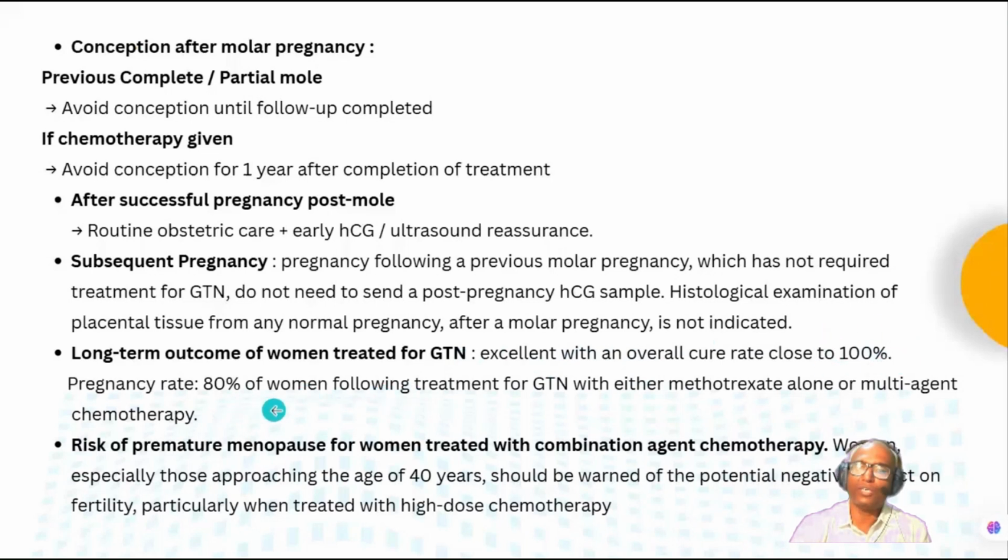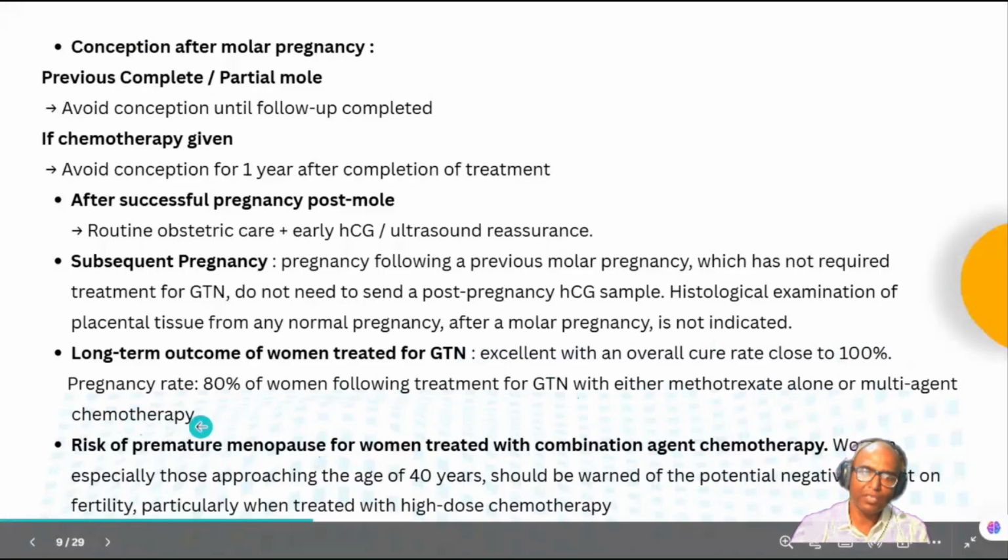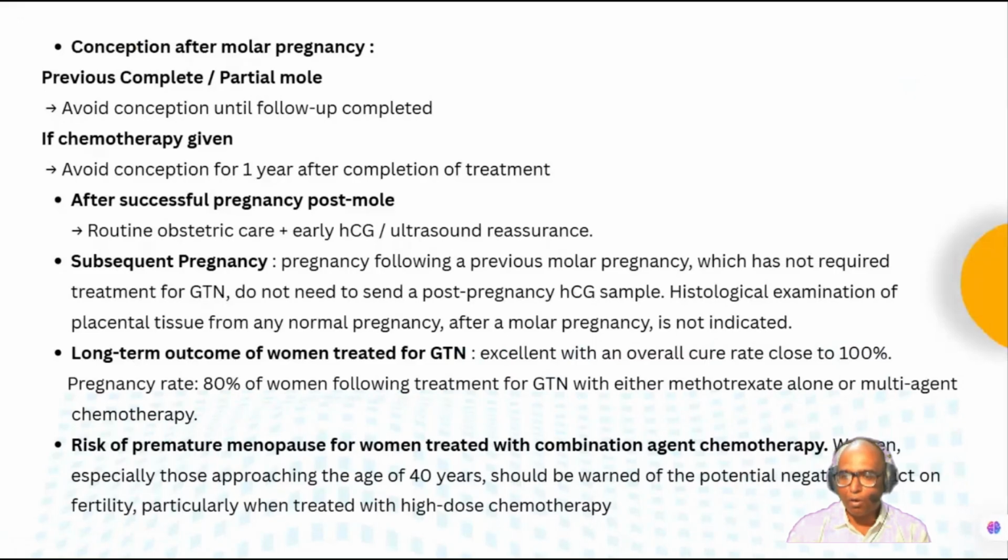The pregnancy rate is 80% following treatment for GTN with either methotrexate alone or multi-agent chemotherapy. There is a risk of premature menopause for women treated with combination agent chemotherapy. So if the patient requires multiple chemotherapy agents, these patients are at high risk of premature menopause. And if they are approaching the age of 40, their fertility is reduced.